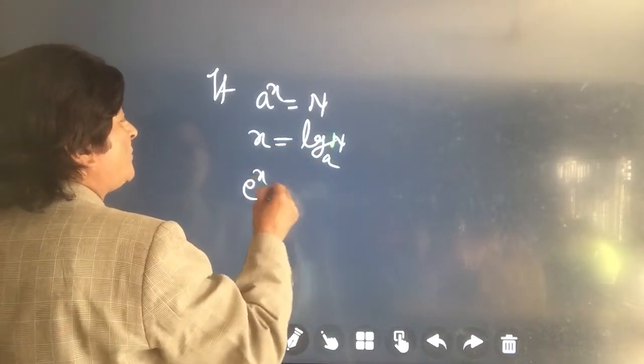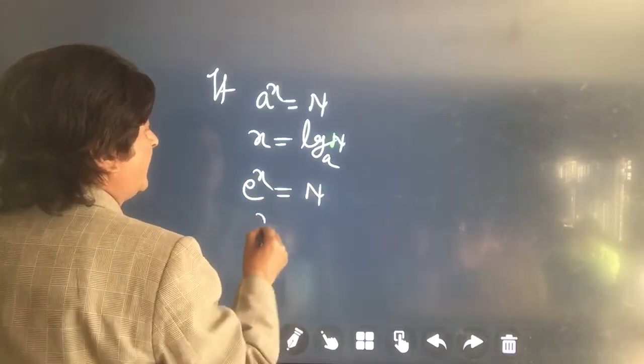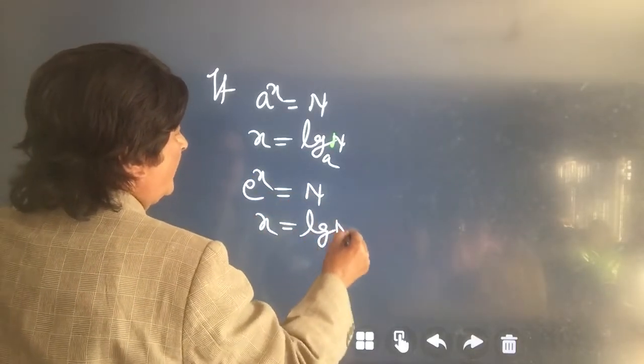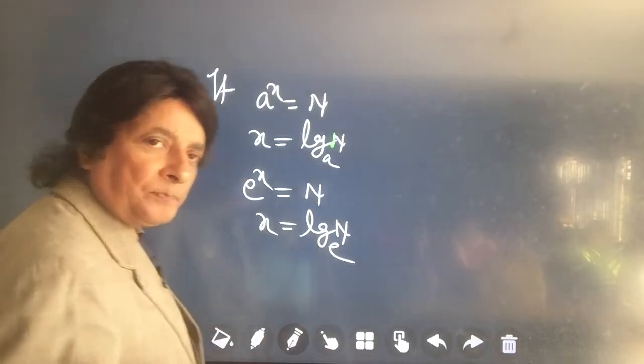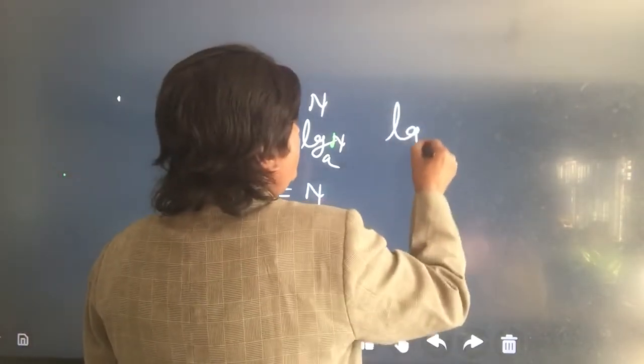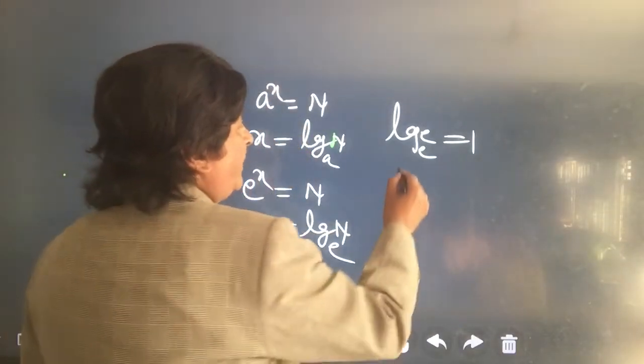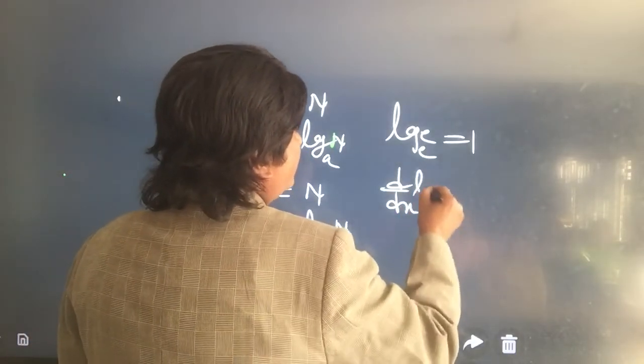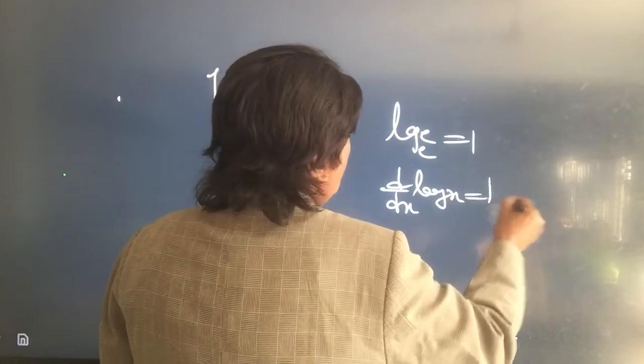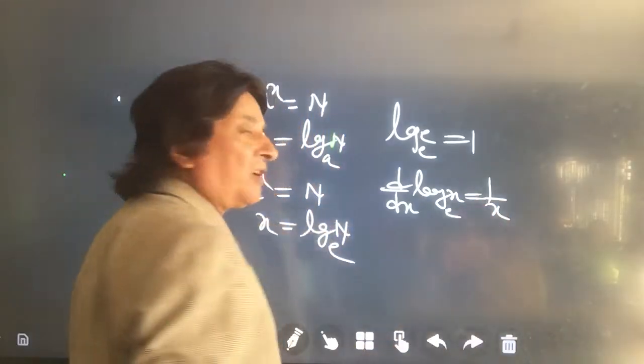If e to the x is equal to n, then x is equal to log n to the base e. Log e to the base e is equal to 1. dx of log x is nothing but 1 upon x. Its base is already e.